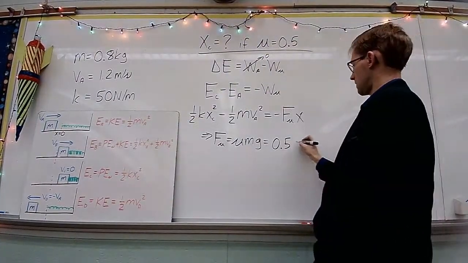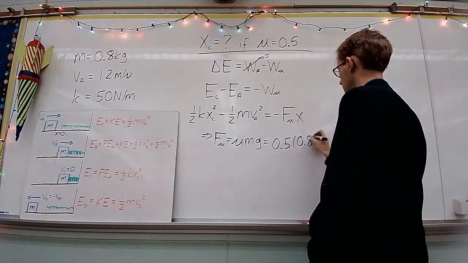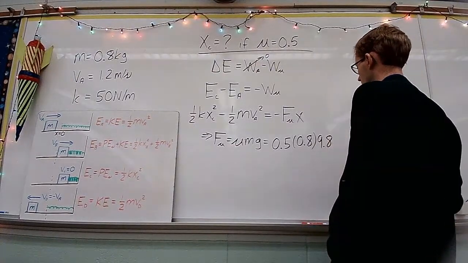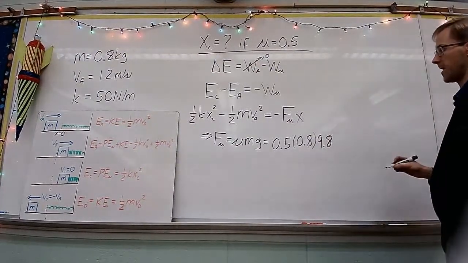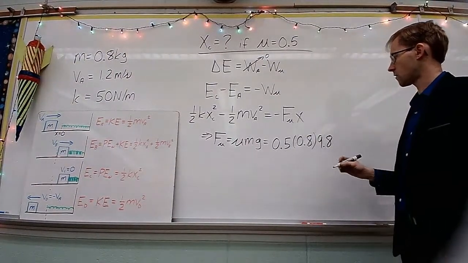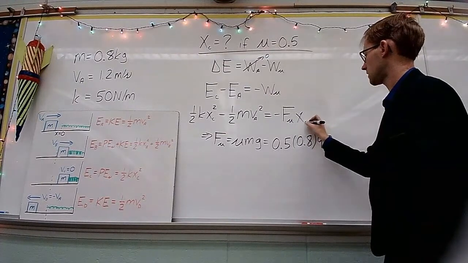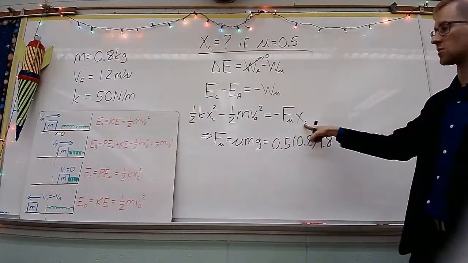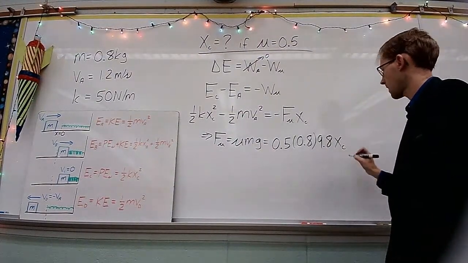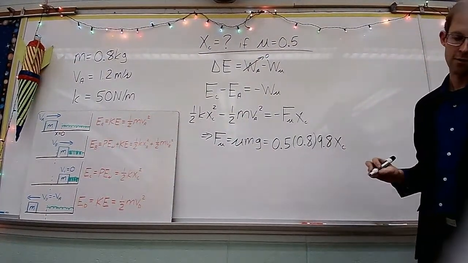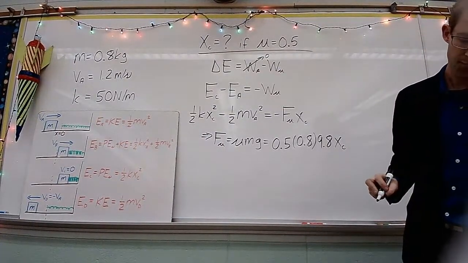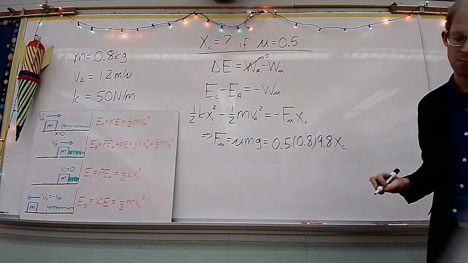The mass is 0.8. And of course, g is 9.8. And the distance is a number that we don't know yet. Might as well say this is that compression distance C, the same number that's over here. And if we multiply all of those numbers together, looks like it turns out to be 3.92.